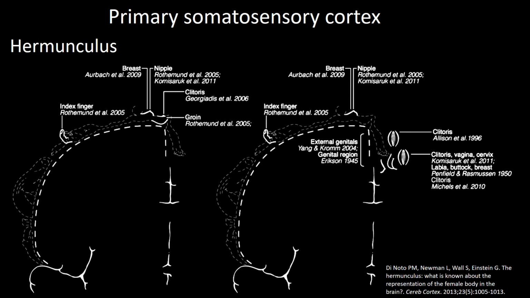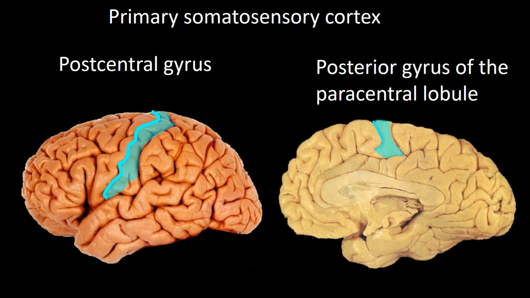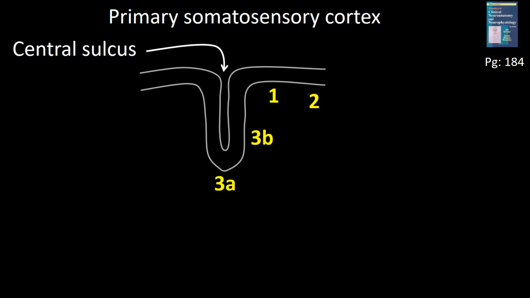Similar representation has been done for women. It is called the homunculus. It is very much the same as in men. Take a few seconds to locate the anatomical localization for breast and genitalia. Not all authors agree on their location, as you can see in this frame. The primary somatosensory cortex occupies Brodmann areas 3, 1, and 2, which I have schematically represented in this frame.